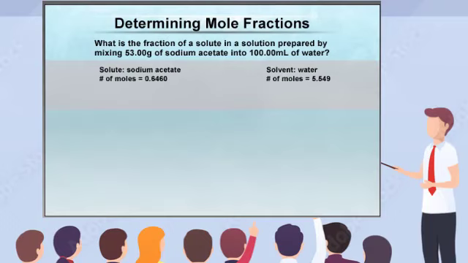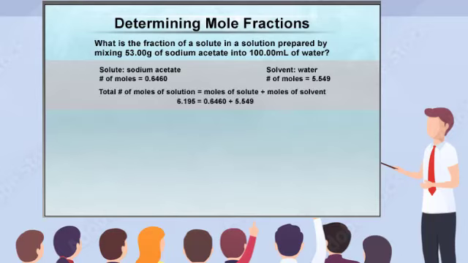Adding the number of moles of water with the number of moles of sodium acetate determined in the previous scene gives the total number of moles of solution. This value, which becomes the denominator when determining mole fractions, equals 6.195. Now find the mole fraction for sodium acetate.